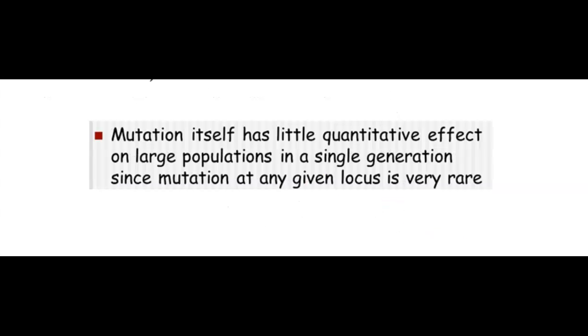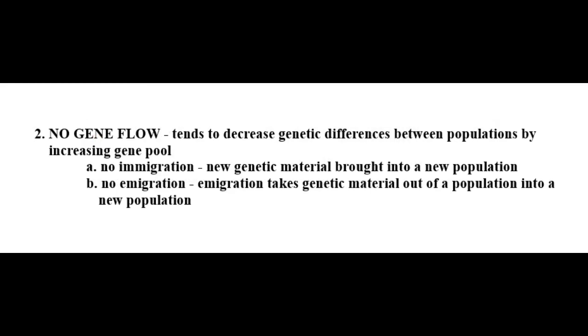So the mutation itself has little quantitative effect in large populations in a single generation, since mutation at any given locus is actually quite rare. Another assumption that we can make in order to keep our allele frequency stable is no gene flow.